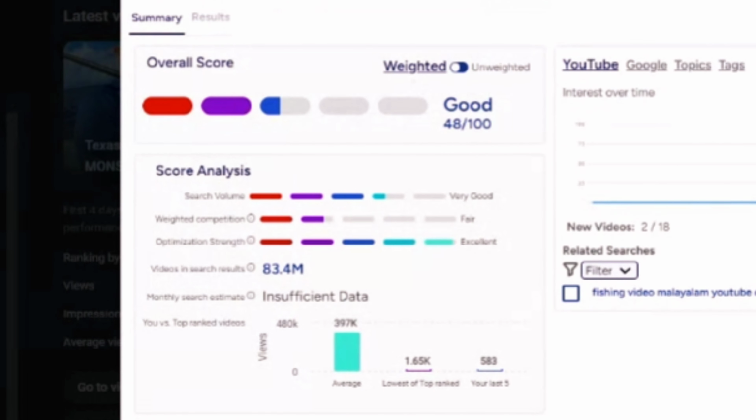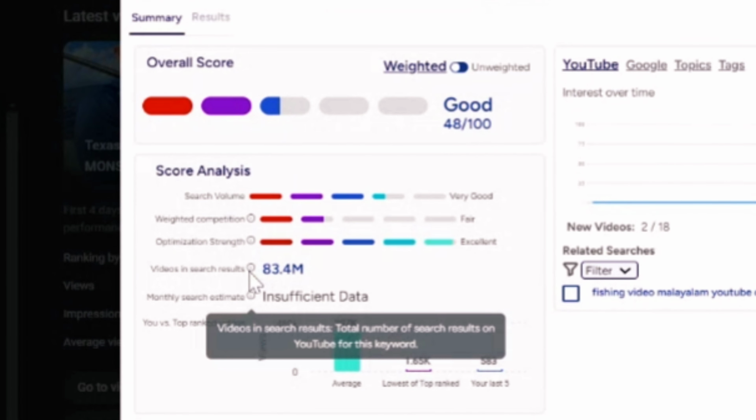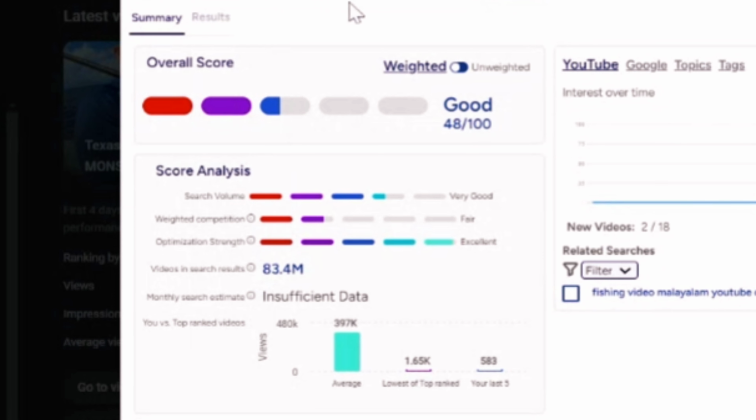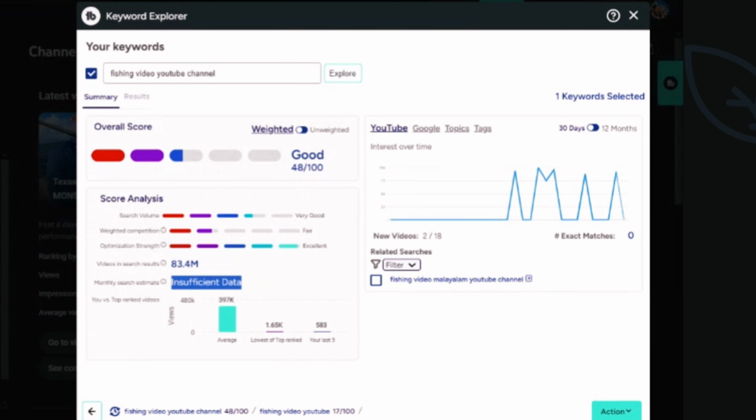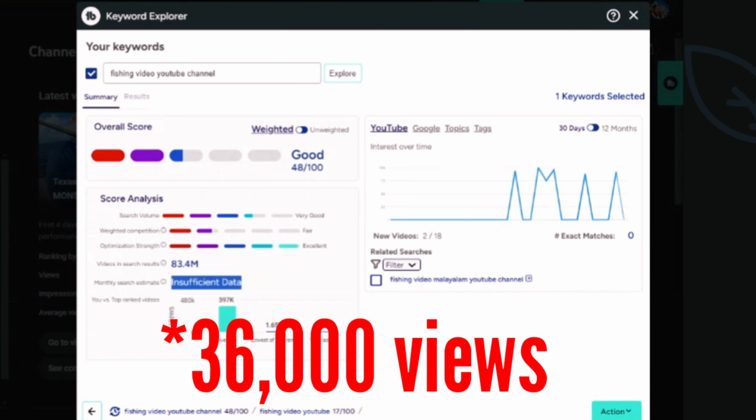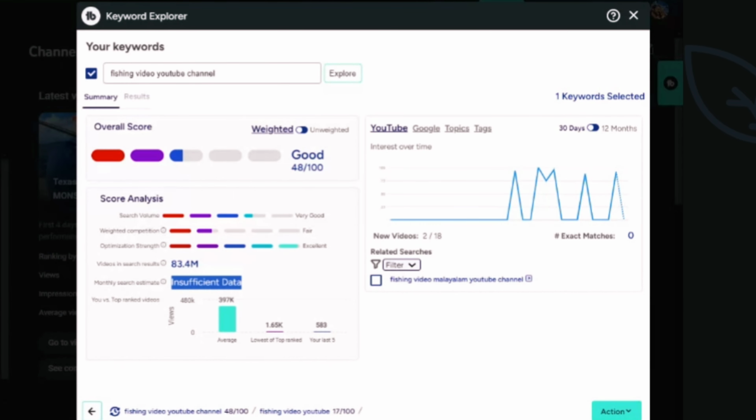Now, there's another thing you need to take a look at with this, however. We have our 83 million videos in search results that are targeting this term. However, if you'll notice right here, monthly search estimate is insufficient data. On the prior search term that we were looking at, that was 85,000 views per month, but this one's returning insufficient data.